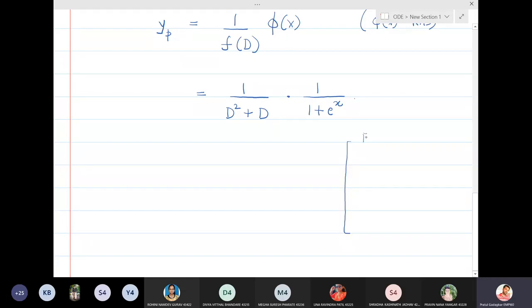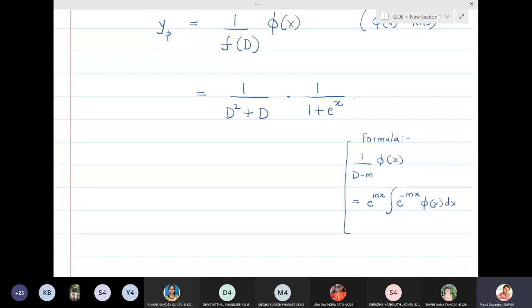The formula is: 1/(D - m) phi of x is equal to e^(mx) times the integral of e^(-mx) phi of x dx. Okay, so I know this formula for 1/(D - m).